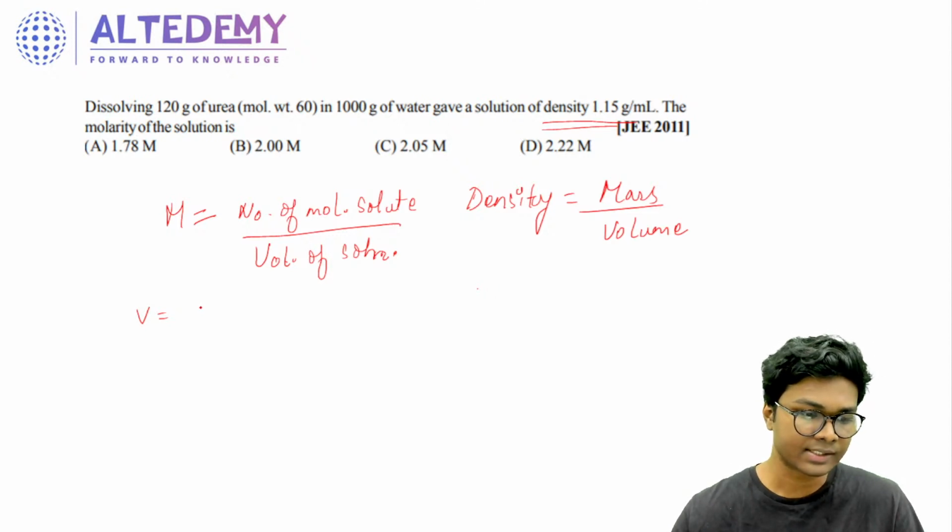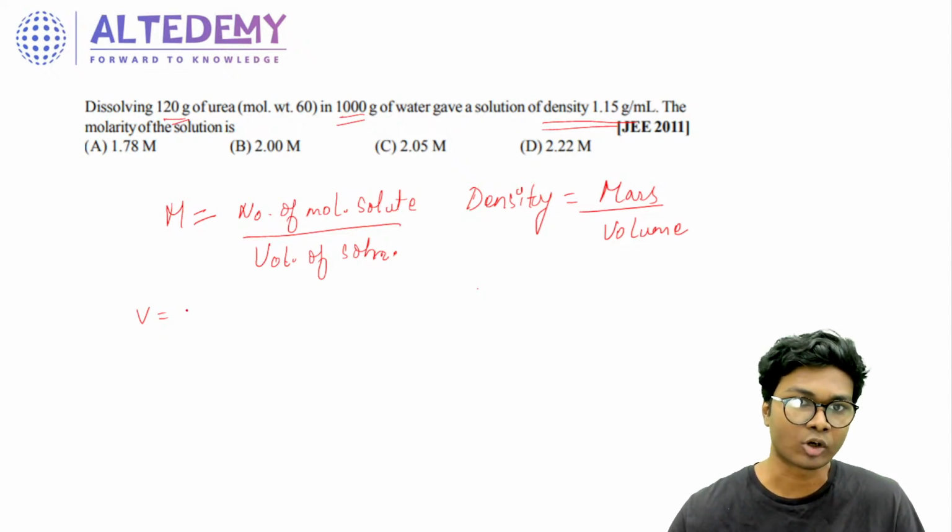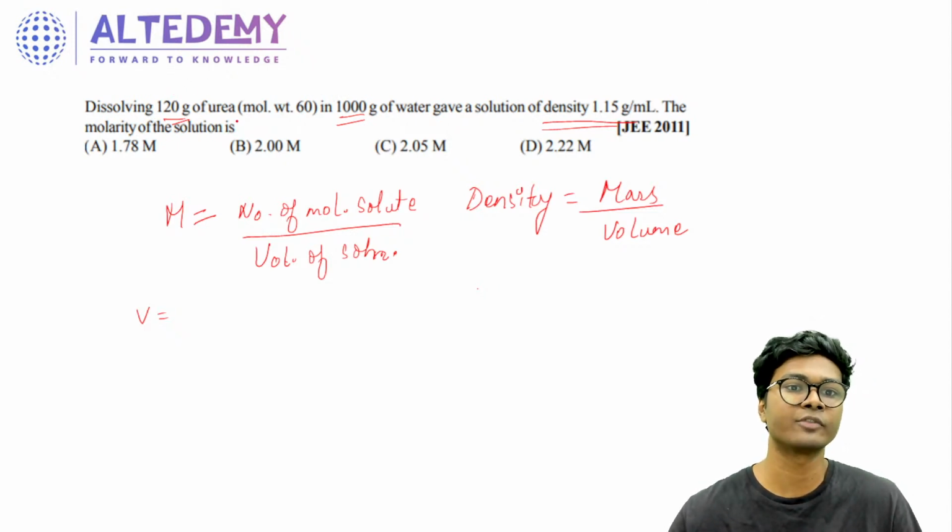So the mass is, in 1000 grams this is mixed. So the mass is automatically 1000 plus 120, because 120 grams of urea was added in 1000 grams of water.